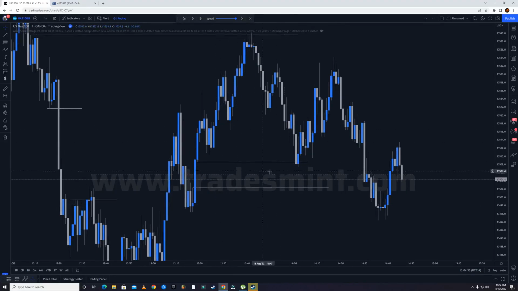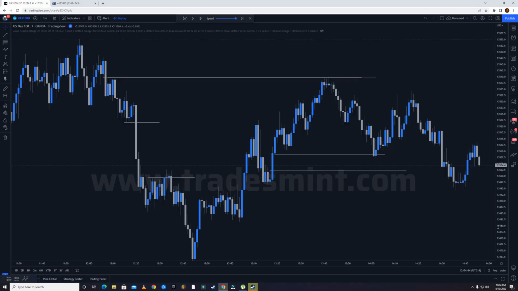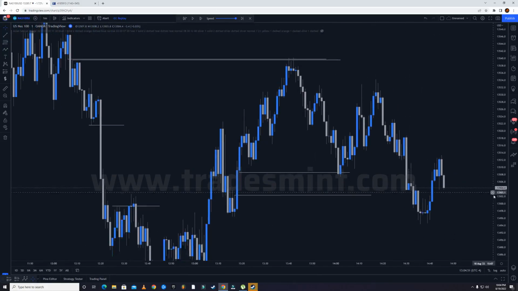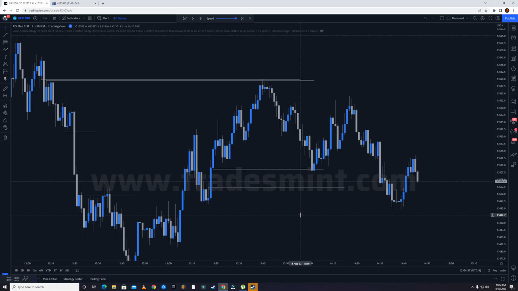Okay, so as you can see, price fills the imbalance and the fair value gap, and it just goes all the way up. Now we should not use the fair value gap or imbalance, whatever you want to call it, as an independent strategy. This is something that we're going to use with a lot of other confluences like liquidity, market structure break, market structure shift and all.